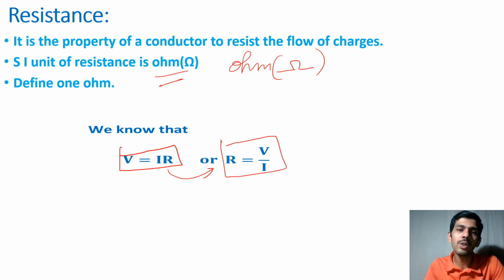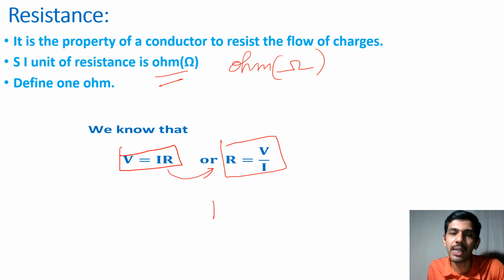Now how to define the resistance? R is nothing but the resistance. How to define that resistance as 1 ohm? That we have to study. When this R becomes 1 ohm, the SI unit of R, as we have already discussed, is ohm.